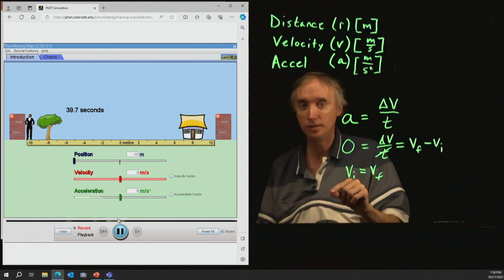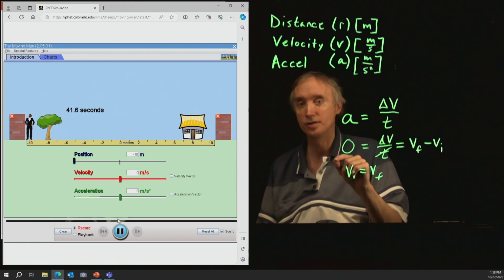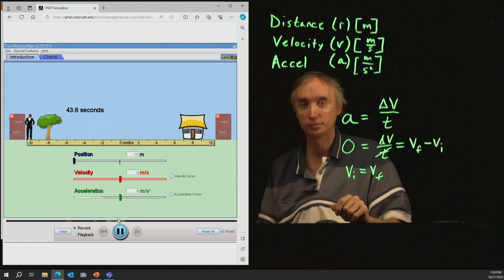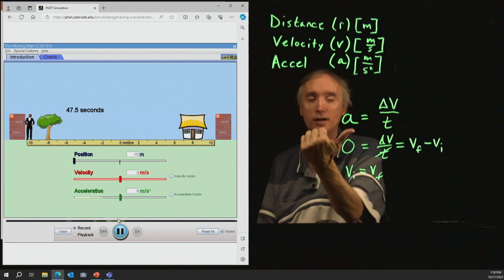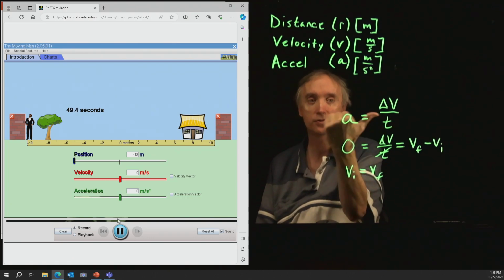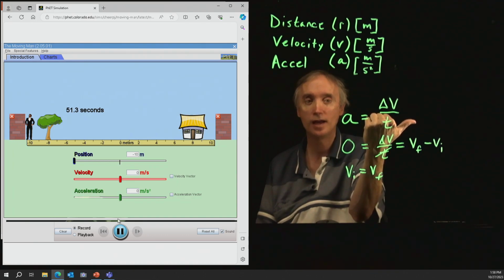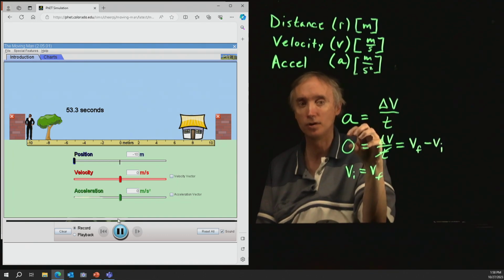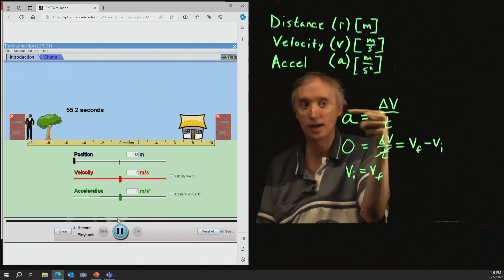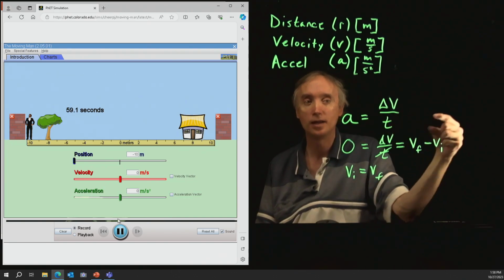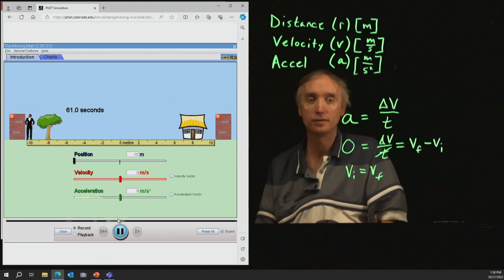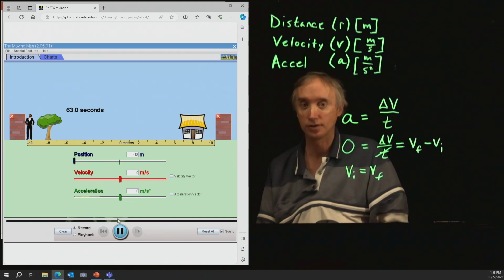And your speed, in the long run, will determine your position. So even if you were going 1,000,000 miles per hour in this direction, if you had even a small acceleration that way, eventually you would come to a stop, and then you'd start going back the other direction. So acceleration is going to control your speed.